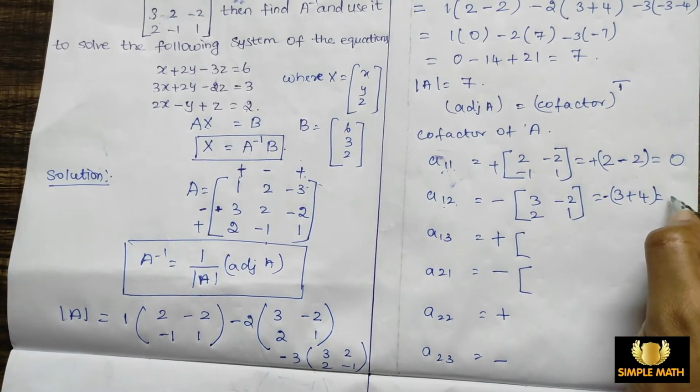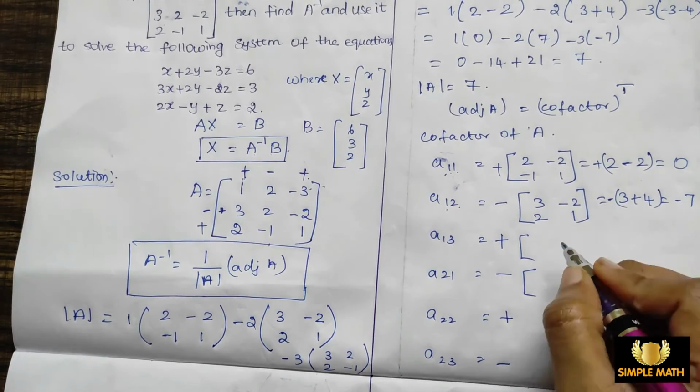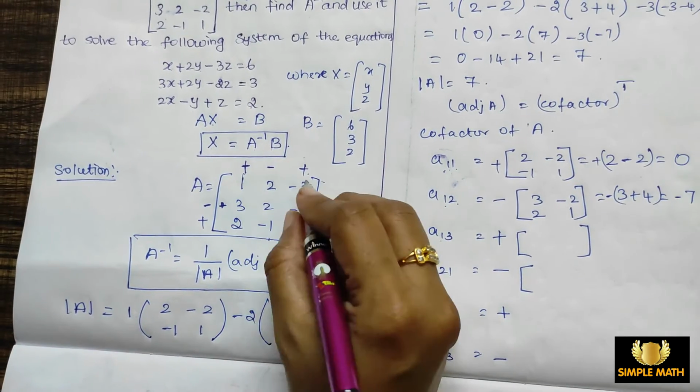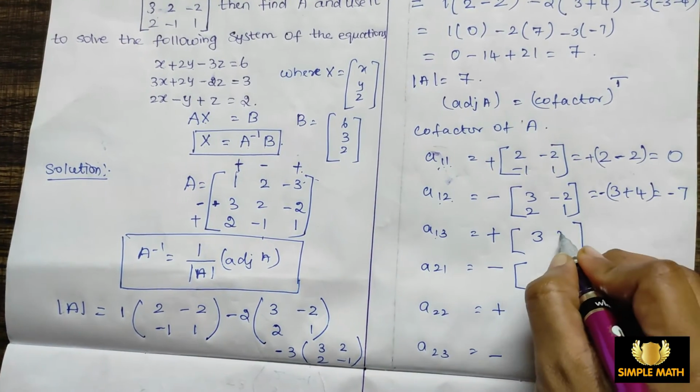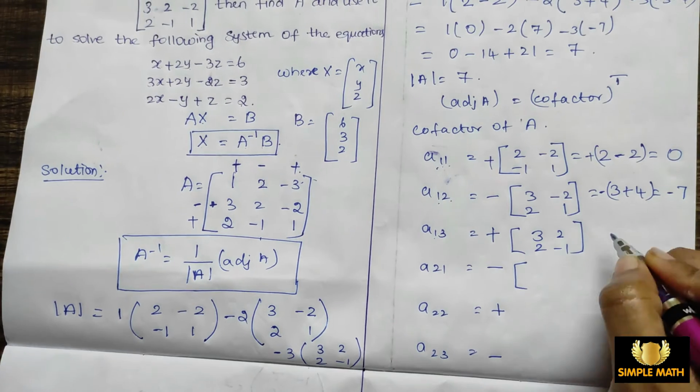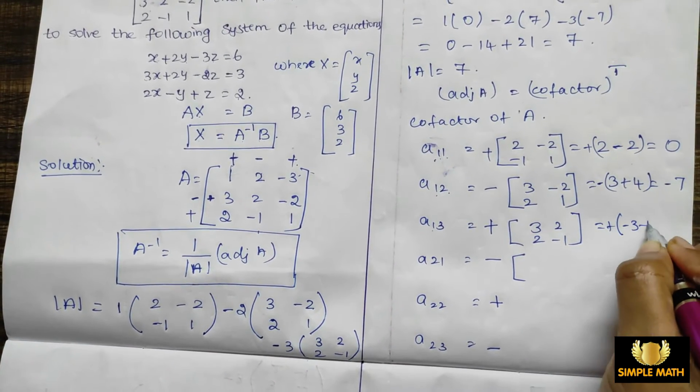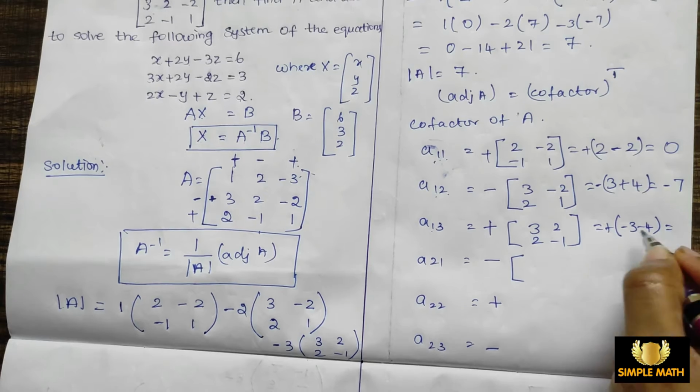So I have minus 7. Next entry is A13. A13 is leaving the first row and third column. The remaining entries are 3, 2, 2, minus 1, which is equal to minus 3 and minus 4. So it is equal to minus 7.